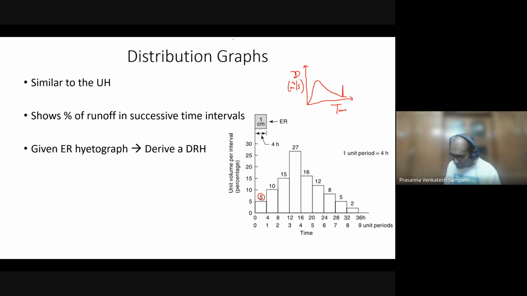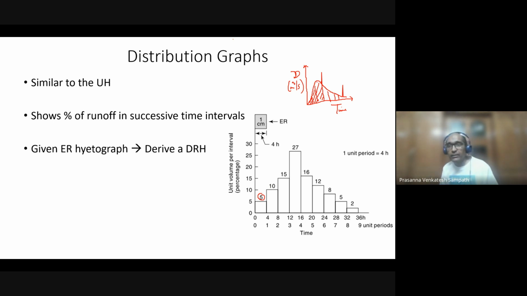Anyway, so what I'm trying to say is, you take successive intervals. Okay, what I do is I compute the area under this first portion, the second portion, and the third portion, and so on, and compute the total area under that.